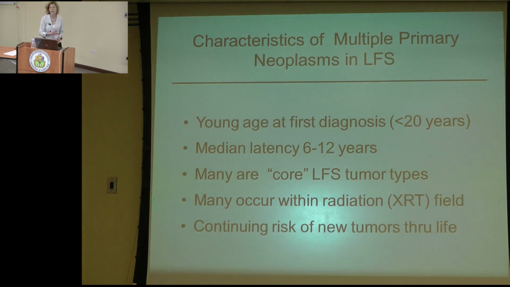And this goes on forever. So if you notice some of those pedigrees I showed you a little earlier, individuals had had 4, 5, 6, 7 cancers. They've continued to survive, which is good news, of course, but a continuing risk. It's not something you grow out of.